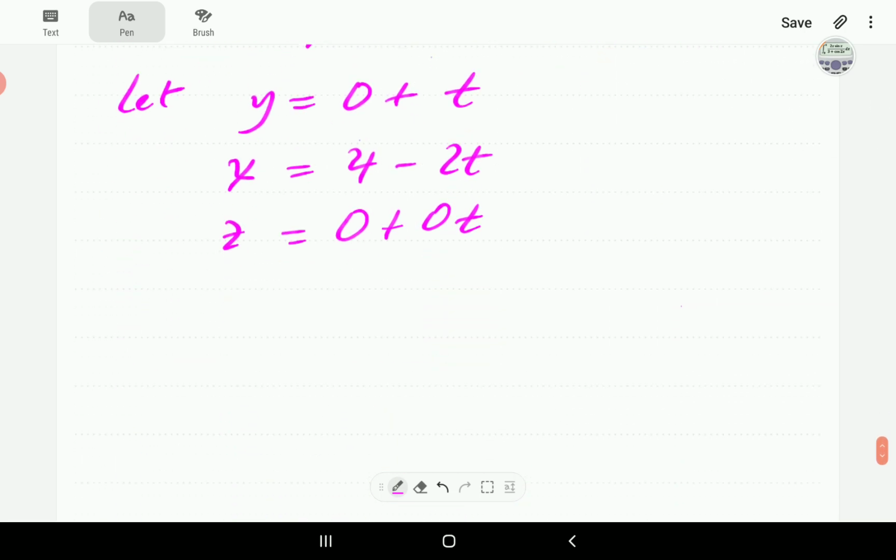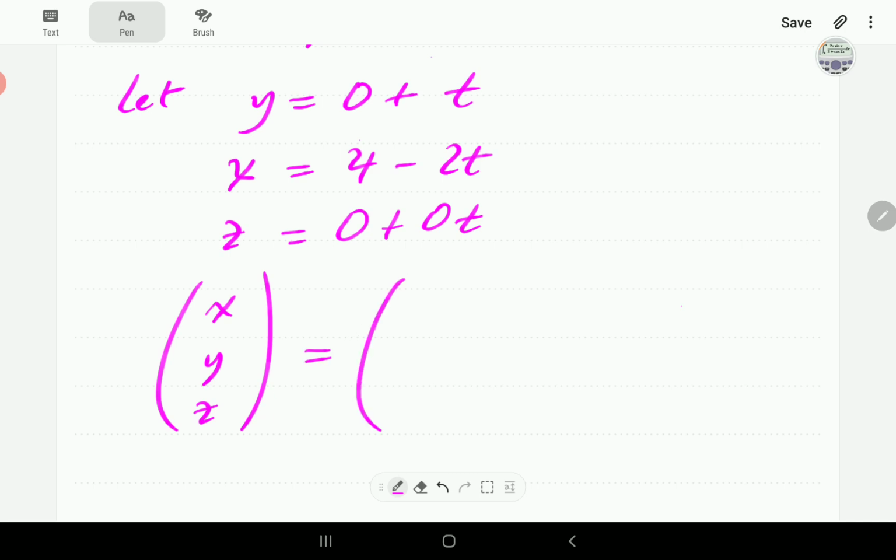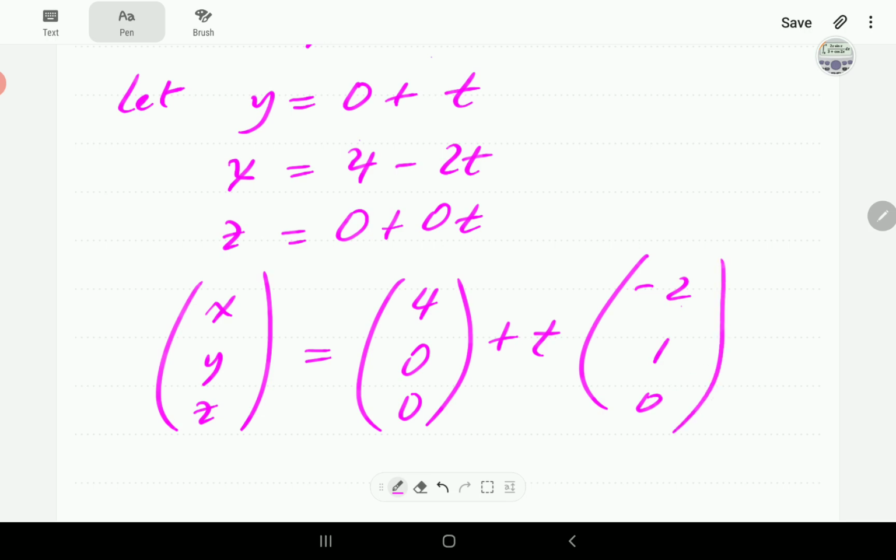Then from the parametric form, we can convert this easily into the vectorial form. So it means xyz is going to be 4, 0, 0 plus t times minus 2, 1, 0. So that's already the vector form of the equation.